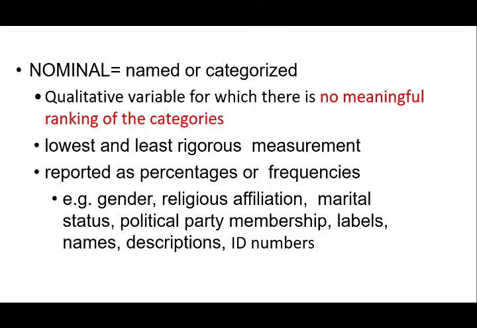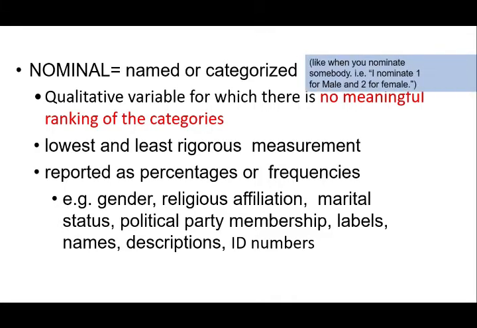Its major difference from the other type of variable, which is ordinal, is that there is no ranking of the categories. So like for example, I would like to assign number 1 for male and number 2 for female. These are examples of nominal data. We have gender, religious affiliation, marital status, and so on and so forth.